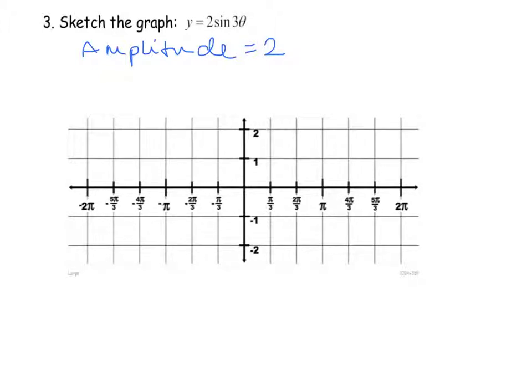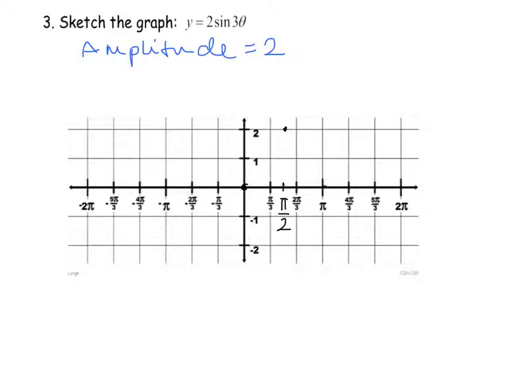So the first thing I do again, I'm going to graph a regular normal sine graph with an amplitude of 2 using the major points. So at 0, I'm going to graph my 0. At pi over 2, which is right here, we are going to have 2.